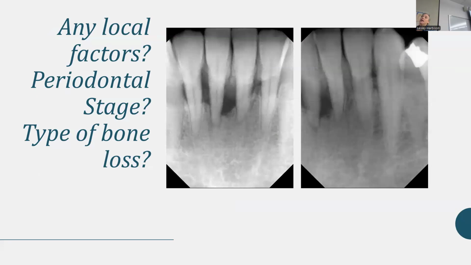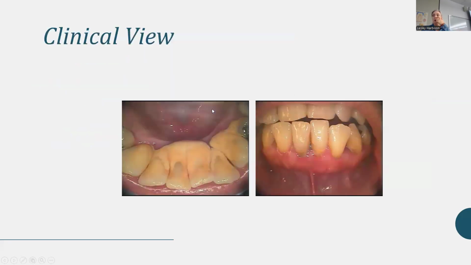Okay, local factors, tons of calculus, lots of bone loss. You can look at this and say, and as you have experienced, this will resonate, but obviously this calculus is adding some stability. And so once that calculus is gone, you just know those teeth are going to be incredibly mobile. And that's what the calculus looks like in clinical view. So there's just a lot, it's bridging or splinting.